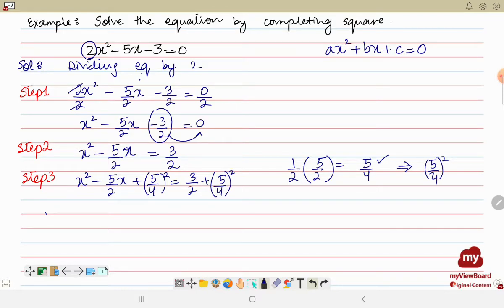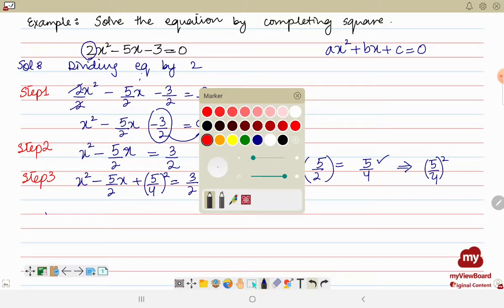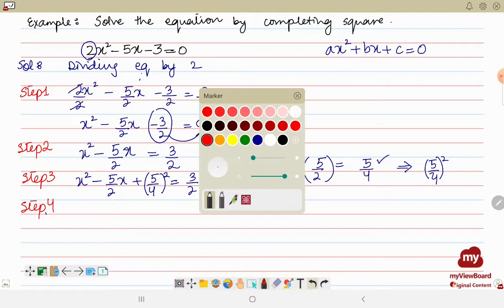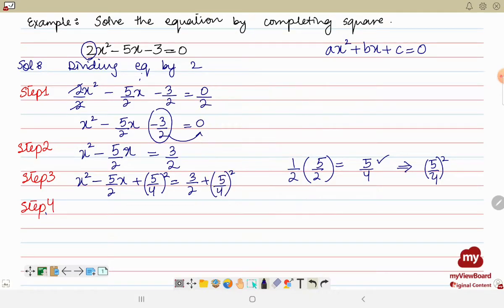Now if you see the left hand side of the equation, our square is completed. Okay? So we have completed our square. We'll apply the algebraic identity. What is the algebraic identity over here? That is the second algebraic identity, which is a minus b whole square.